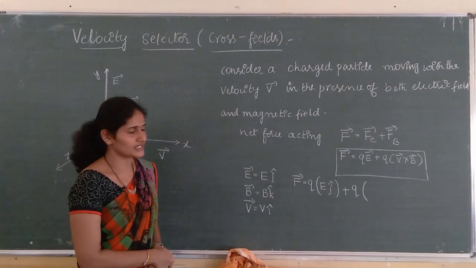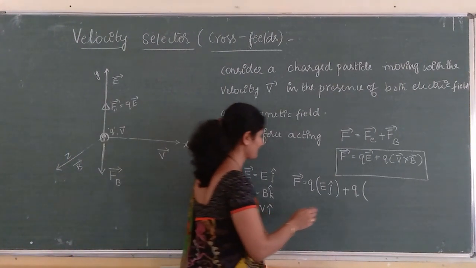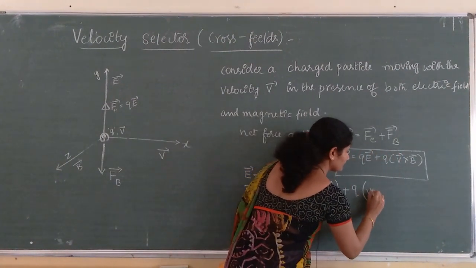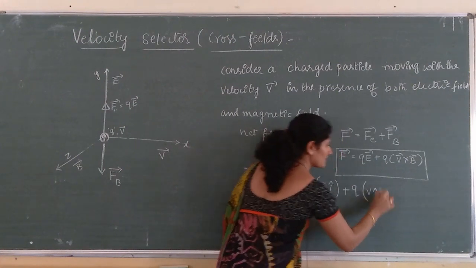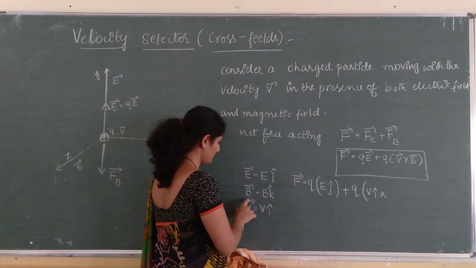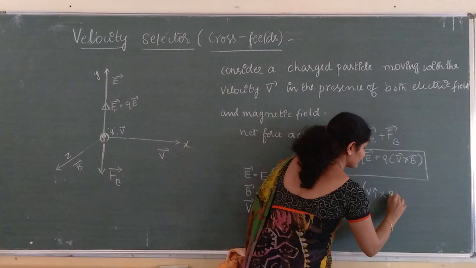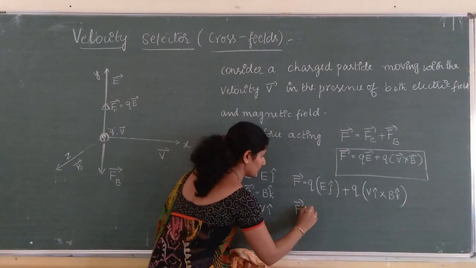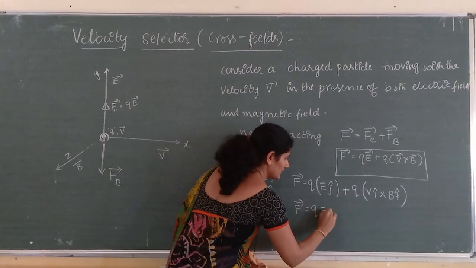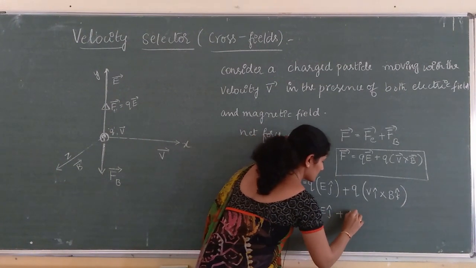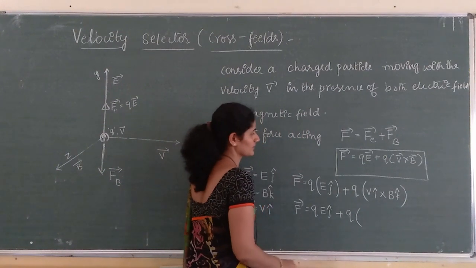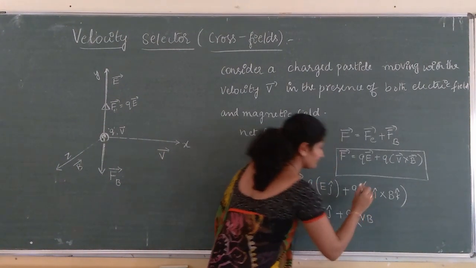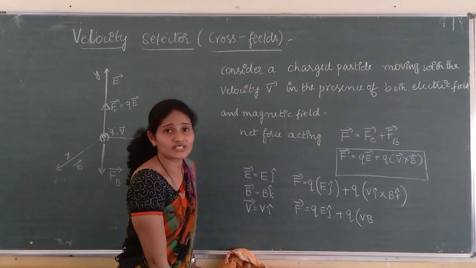Theta is equal to 90 degrees, sin 90 is 1, where V vector is V into i cap cross B vector is B into k cap. So, F vector is equal to QE j cap plus Q into VB i cross k.